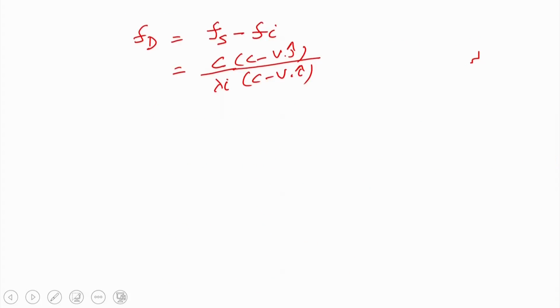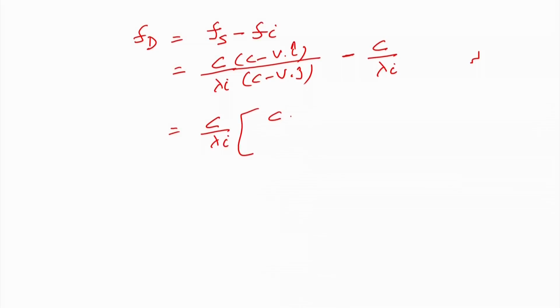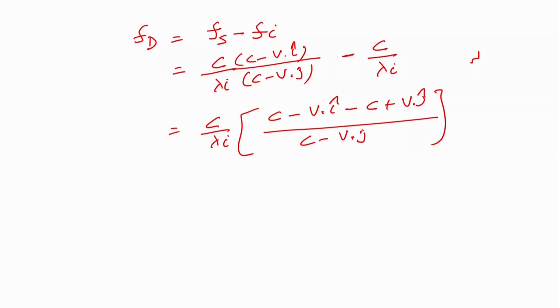And this will be minus f I, which is equal to c upon lambda I. So, we can take c upon lambda I out, and what you will get is c minus v dot I minus c plus v dot j upon c minus v dot j.